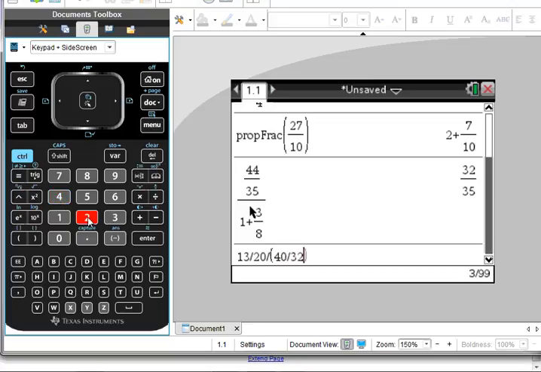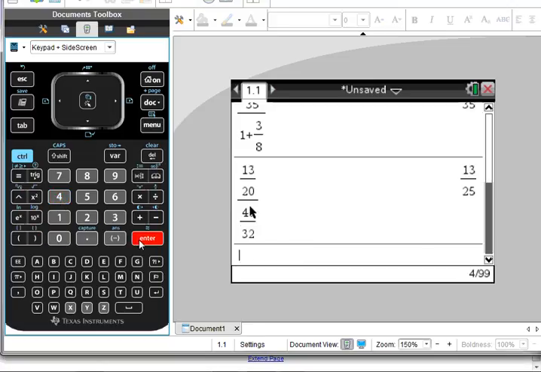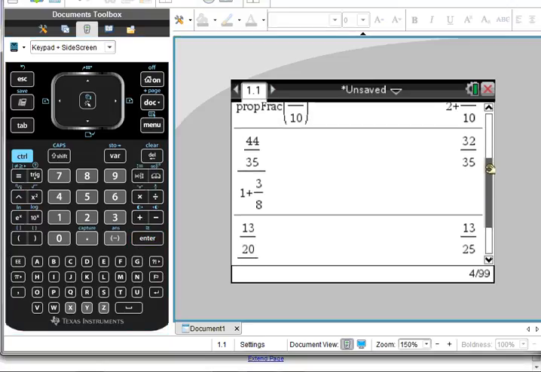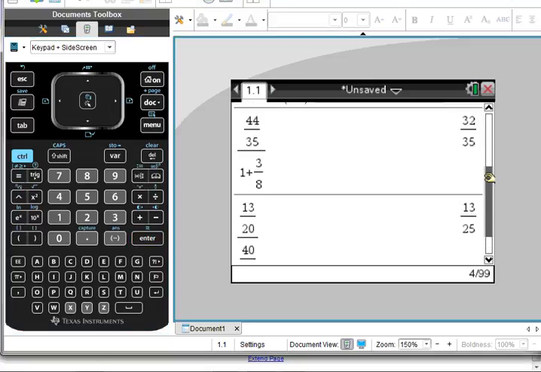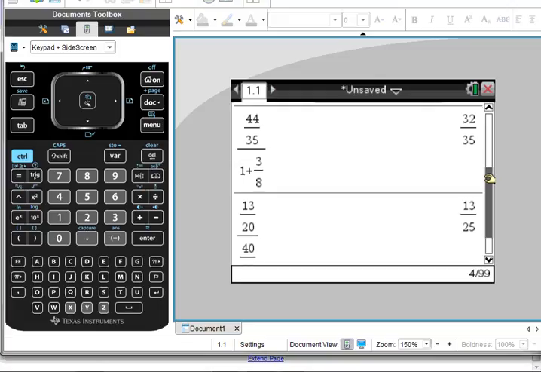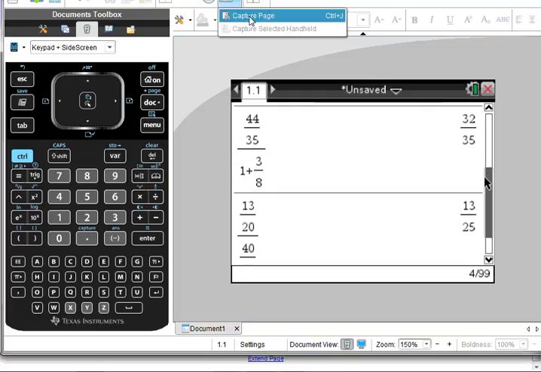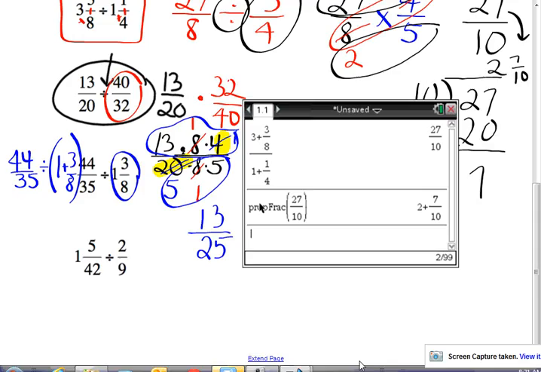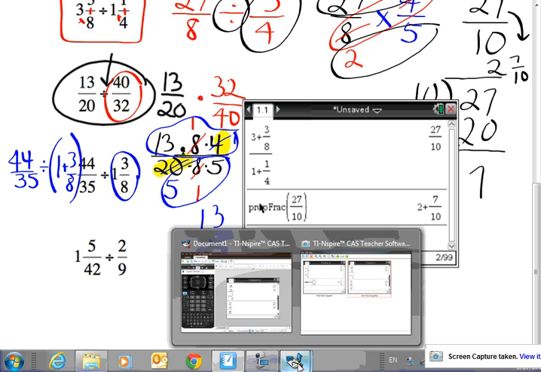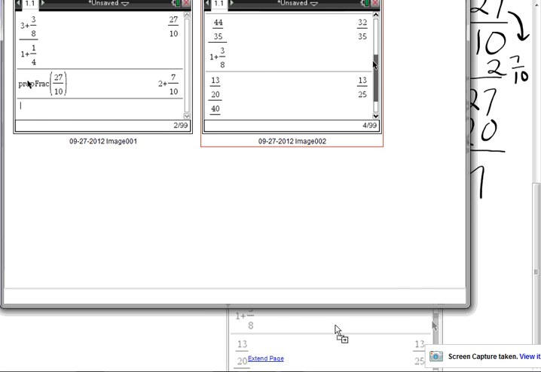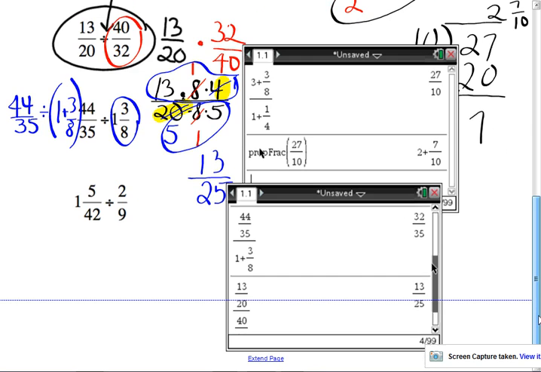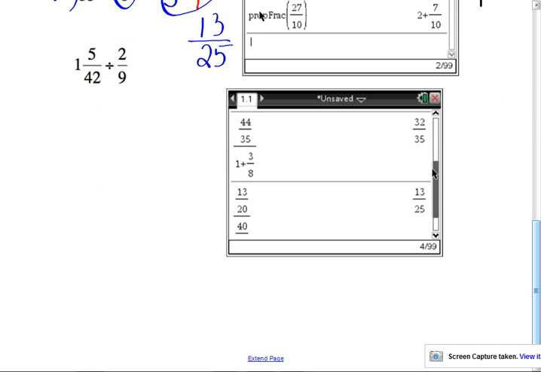Look how complex that looks. But when I press enter, it's going to clean it up for me a little bit. Did I have 13 out of 25? Now, I would like to go back up and see what this other answer was, because we did this totally on the calculator, 32 out of 35. So let's see if I can take a picture like that. It doesn't work like the other calculator does, unfortunately.